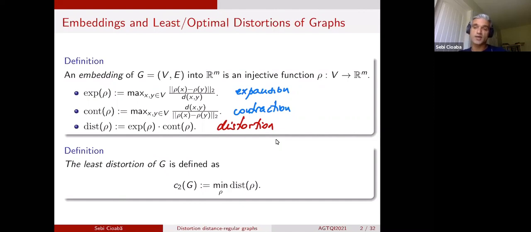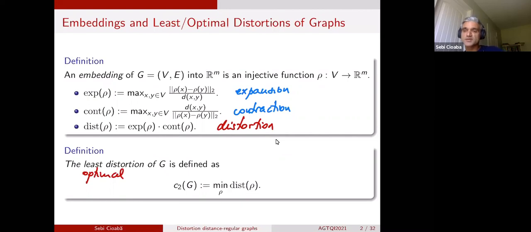For any embedding rho, you have this parameter, the distortion of rho, and what I call the least or optimal distortion of G is defined as the minimum of this distortion as rho goes over all embeddings. Again, rho can be any injective function from V to Rm for any m. So for me, least or optimal distortion will be the same thing, and it's the minimum of this quantity over all possible embeddings of the graph.